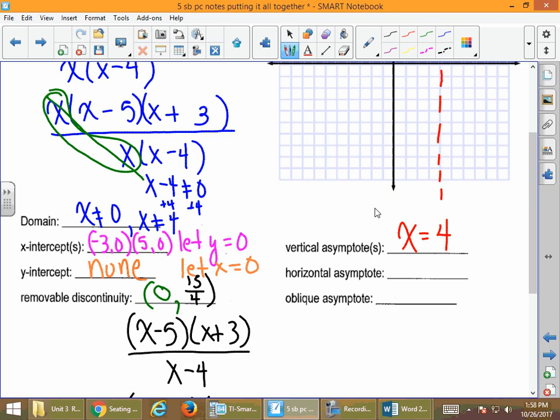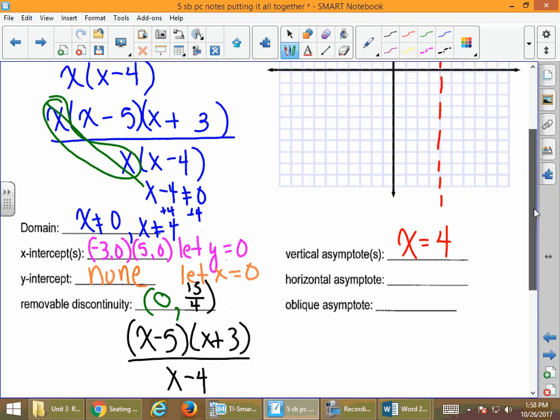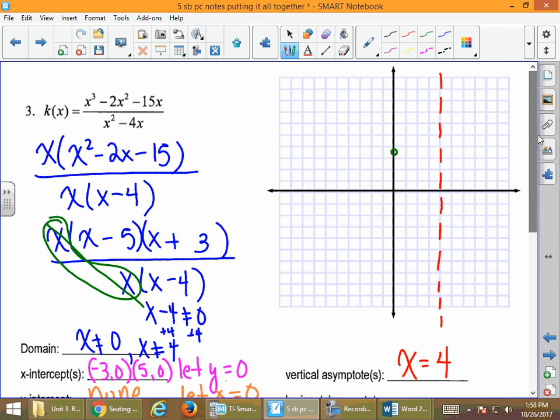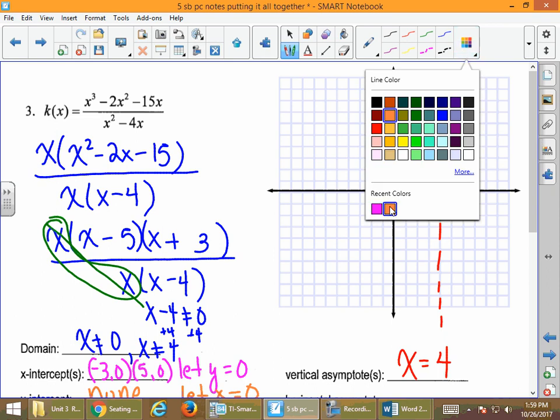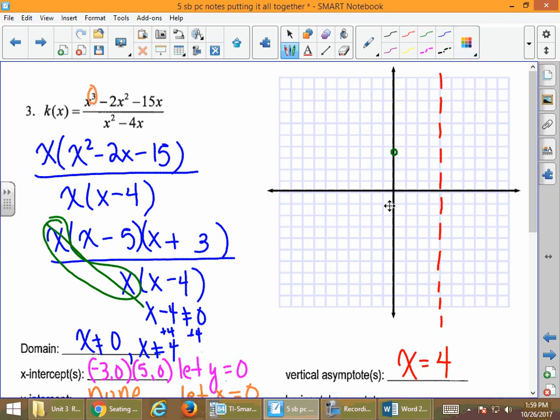Now that we've done all that, the last parts are, do we have a horizontal asymptote, or do we have an oblique? And that goes back to our chart, which once again, if you haven't at least started to memorize, you should consider. But the degree on the top of this function is 3. The highest degree on the bottom of the function is 2. 3 is bigger than 2.